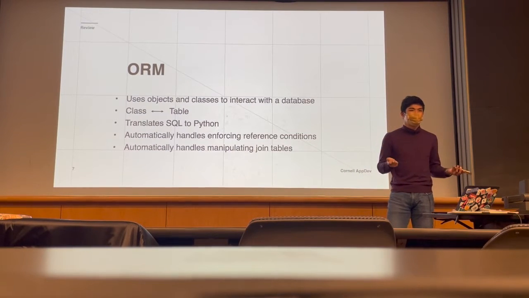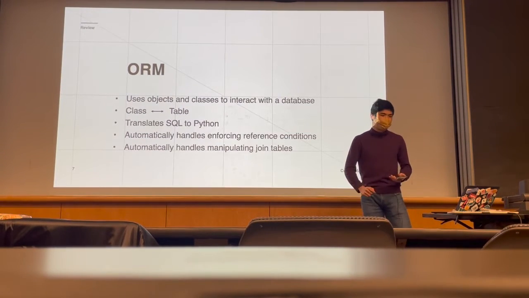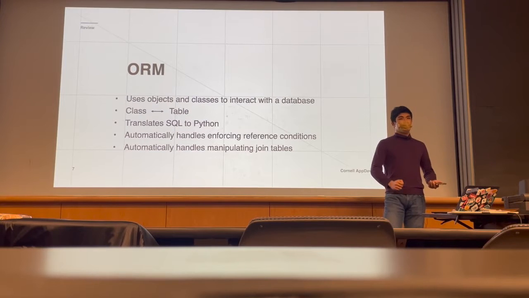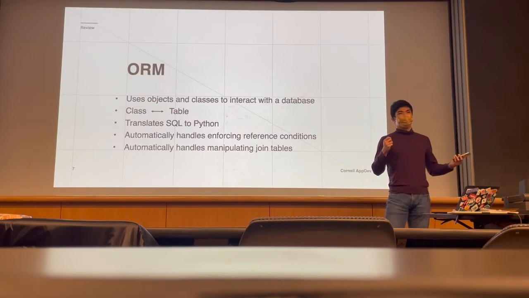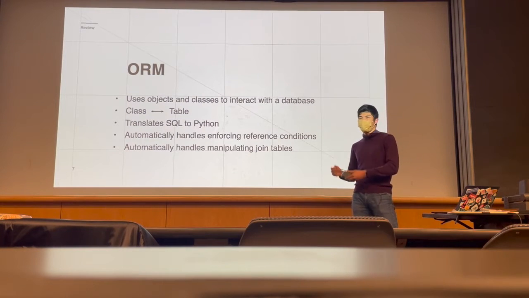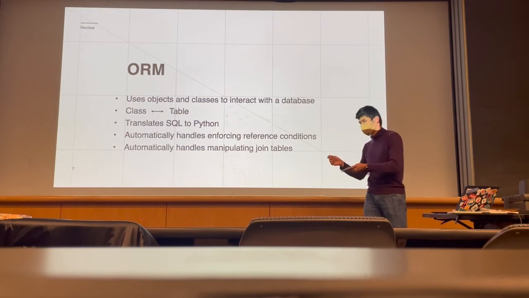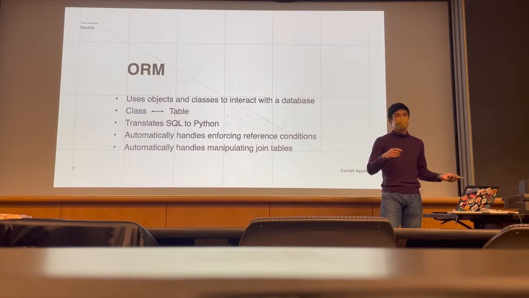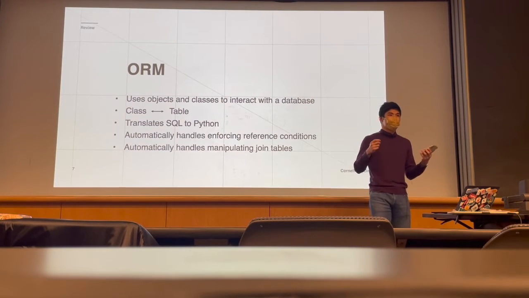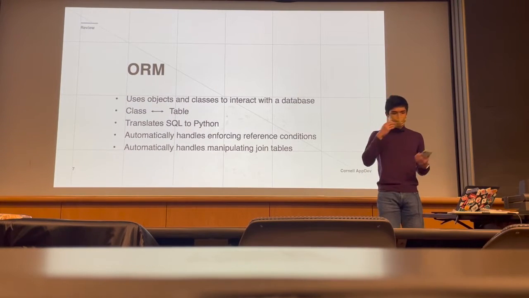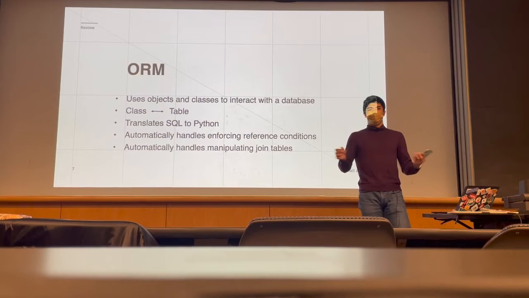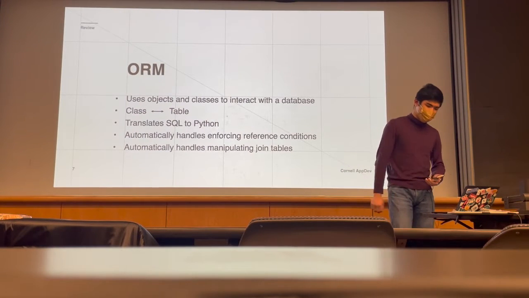There's some people that prefer SQL still over ORMs, but I think one thing that really appeals to me about ORMs is that when we're making relationships, we don't have to do the getting the foreign key and then getting the transaction from using that foreign key and so on. We can just do something like user.transactions, which is so much more convenient. And it reduces the number of errors we're going to end up getting. So if you haven't started PA4 yet, I assure you it's going to be easier than PA3.